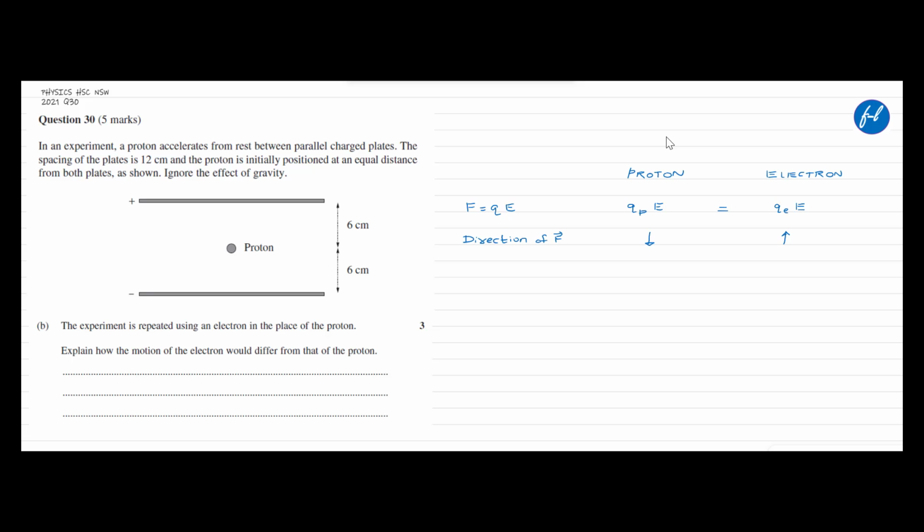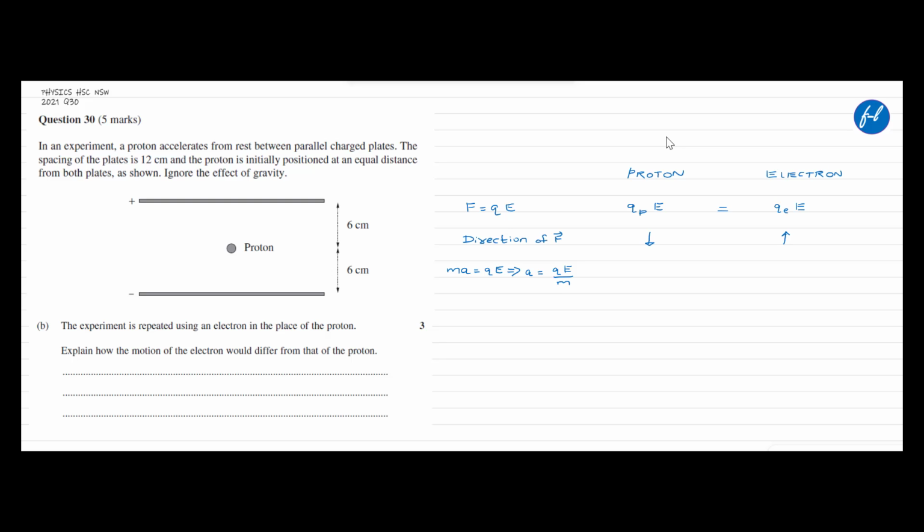How about the acceleration? We know that force is mass times acceleration, so that can be put as equal to QE, which in turn gives the expression acceleration a equals QE upon mass.